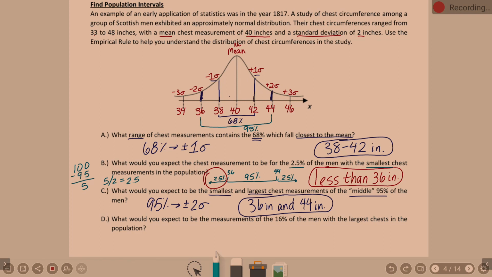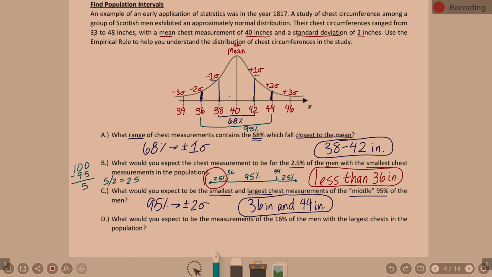What are you going to say, Savannah? So basically what I did was I realized that it was 16% of the largest. So if you take the 16% on the largest, you would add a 16% for the smallest, and that gets you 32. And then I subtracted 100 from 32, and that got me 68. So then I knew that it was everything that was larger than the first standard deviation.